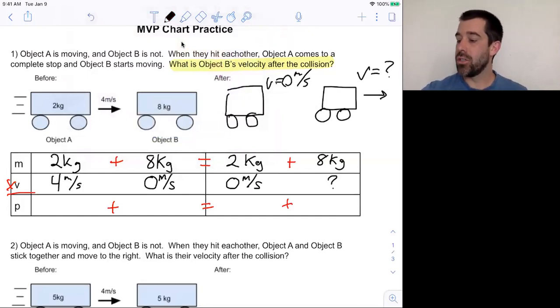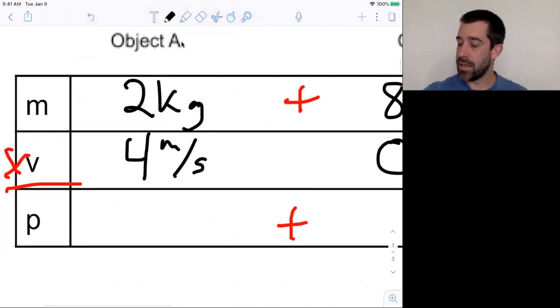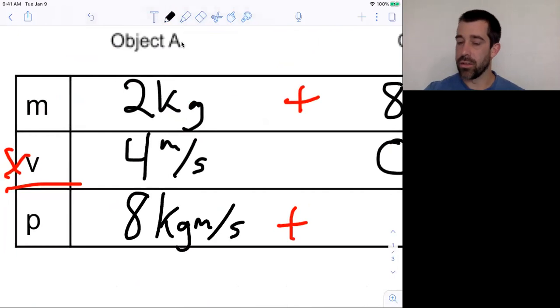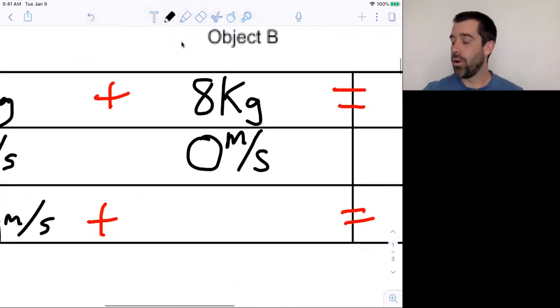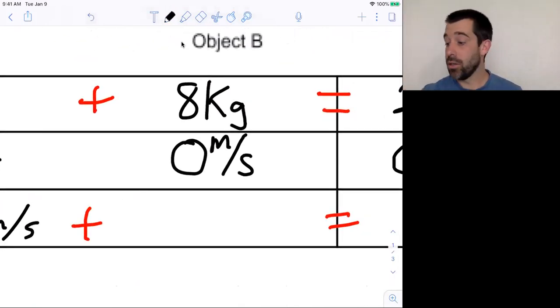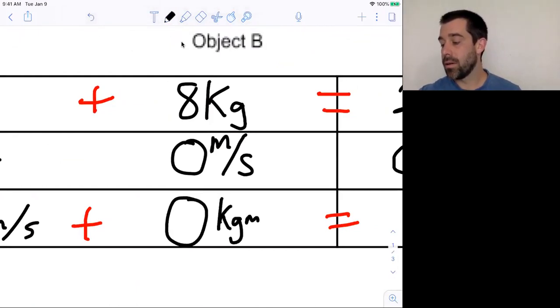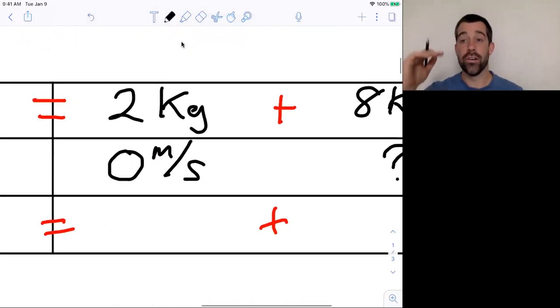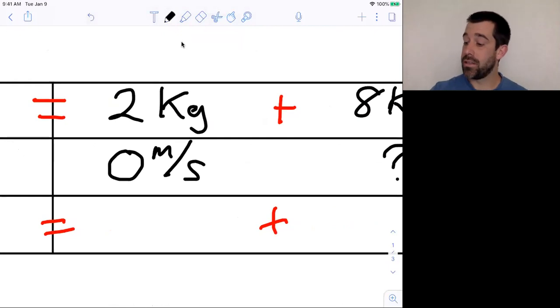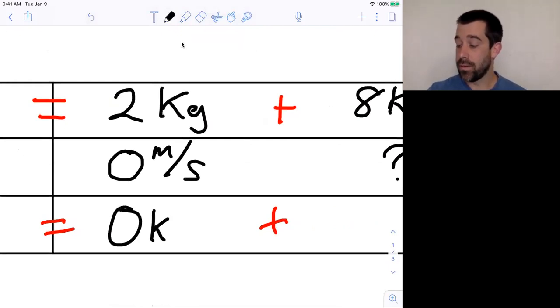So the first thing we can do is 2 times 4 is going to give us a momentum of 8 kilogram meters per second. Over here, 8 times 0 is going to give us a momentum of 0 kilogram meters per second for object B. Over here, 2 times 0 is going to give us a momentum of 0 kilogram meters per second.